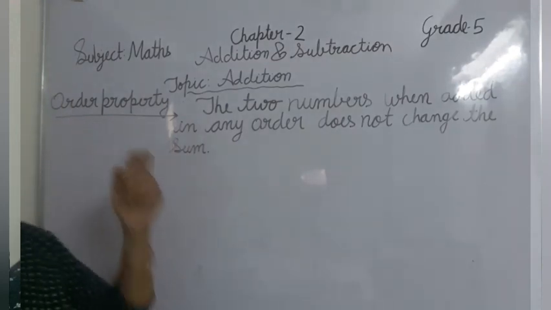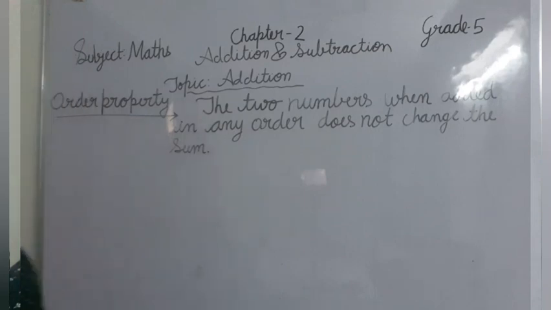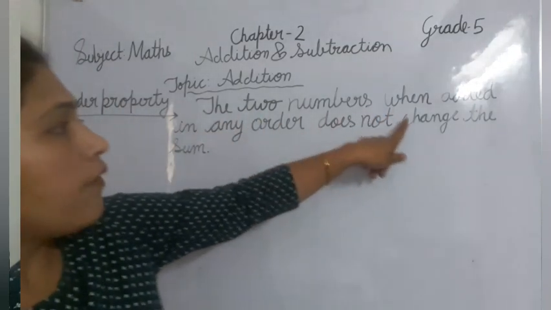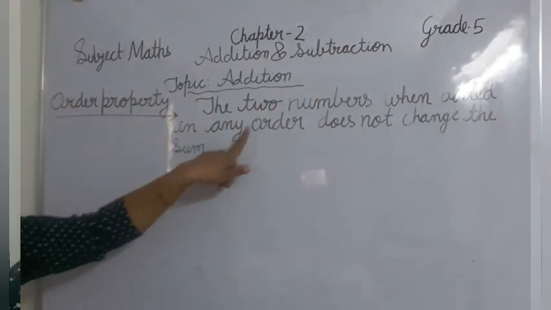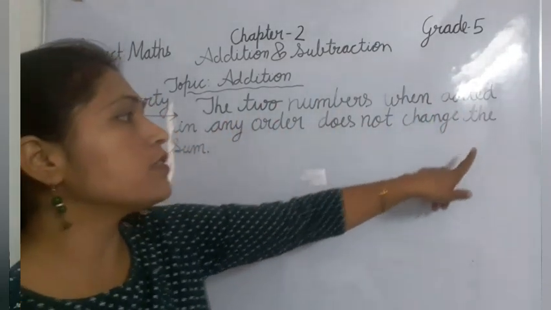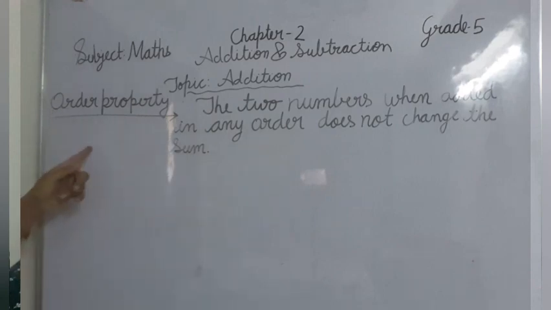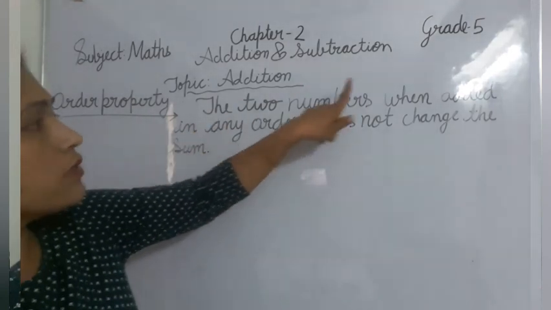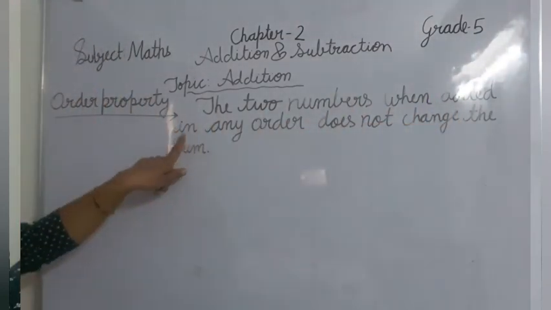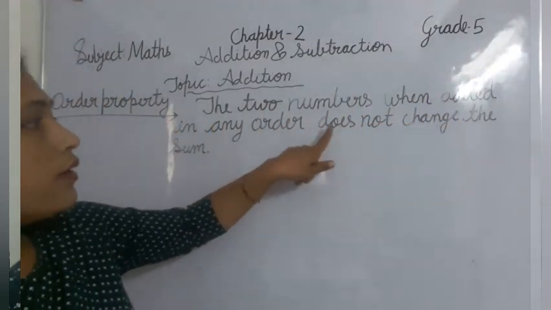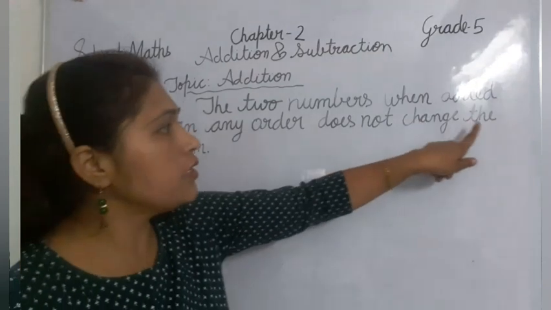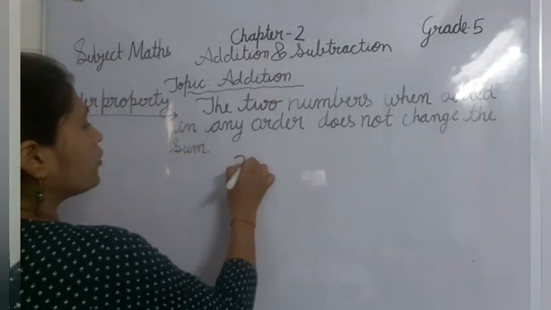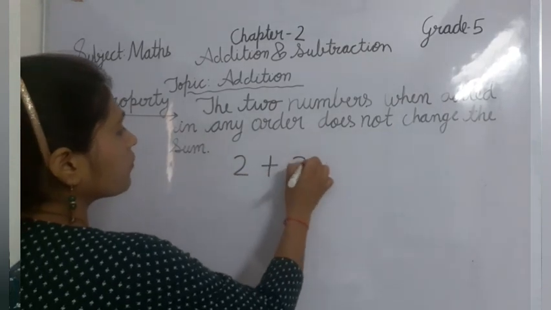What is the meaning of the order property? In the order property of addition, two numbers when added in any order do not change the sum. Again I am repeating, just read it with me. Like if I have two numbers here, 2 plus 3.